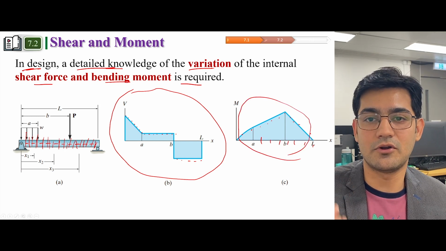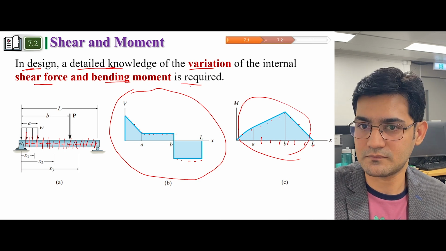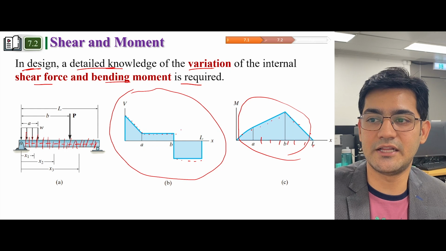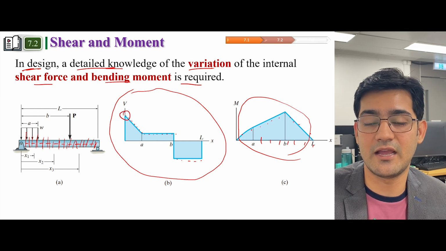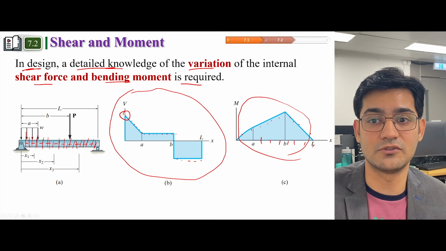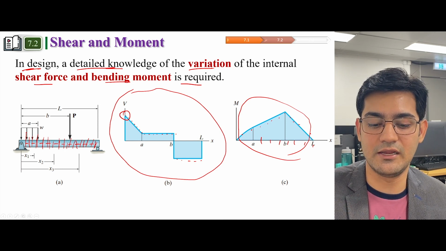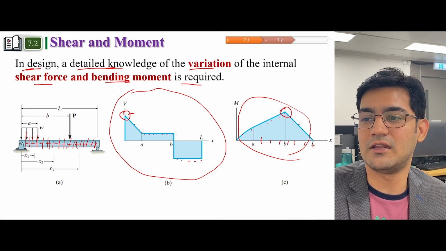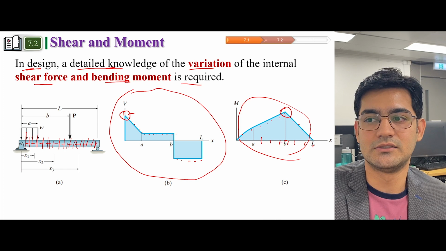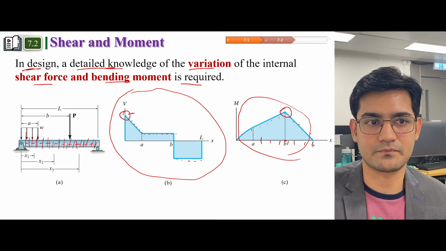It is very important in design that we extract these shear force and bending moment diagrams, and only after extracting them can we know where the shear is largest. Here we have the largest amount of shear force, so we need to put some material accordingly to resist it. Similarly, we have the largest bending at point B, so we need to design the structural members accordingly.